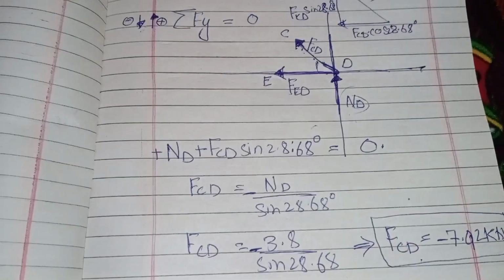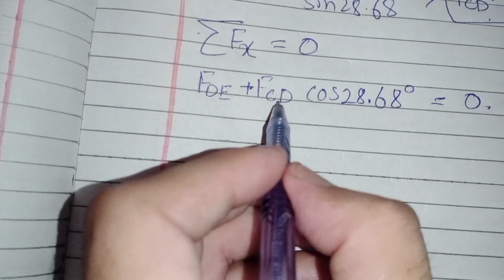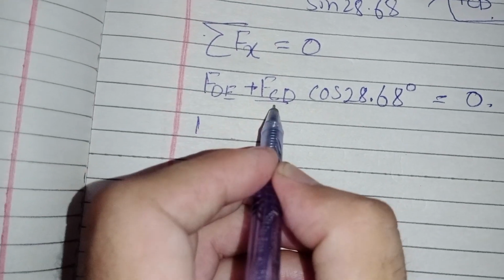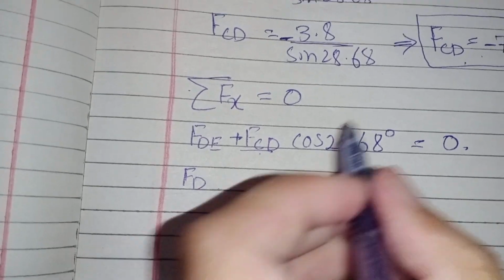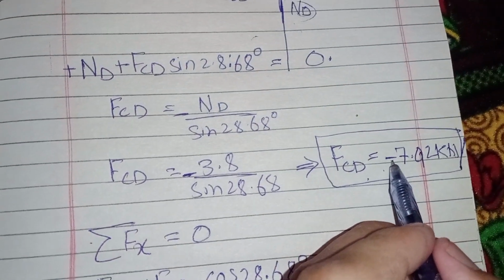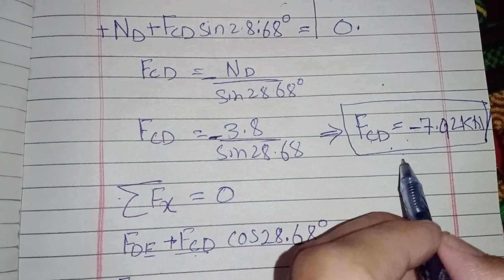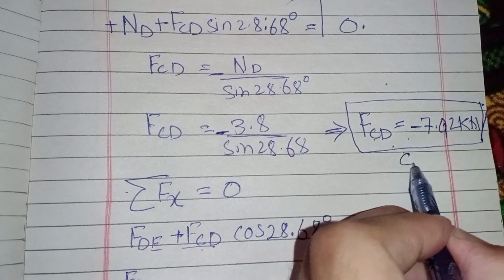There is no other horizontal force. At the place of FCD I will put the FCD value. This negative sign means our assumption was wrong, and it is in compression.